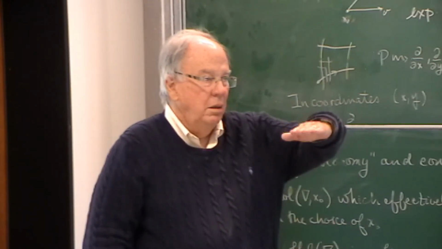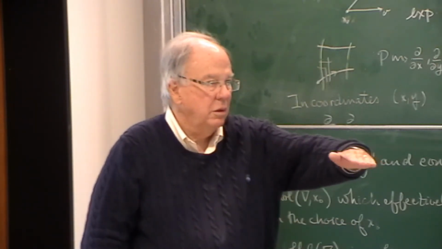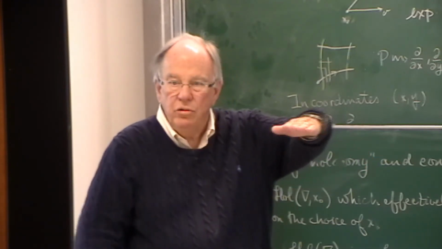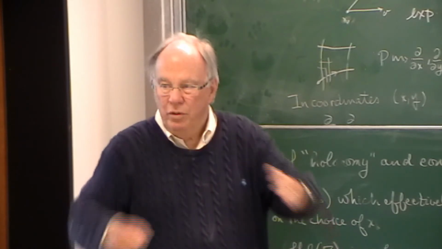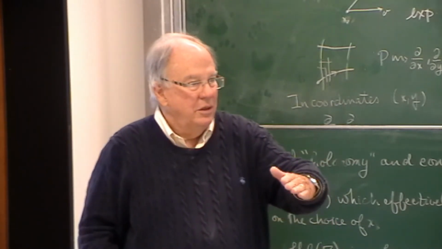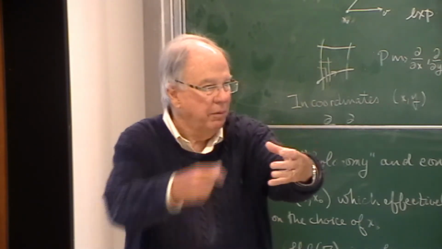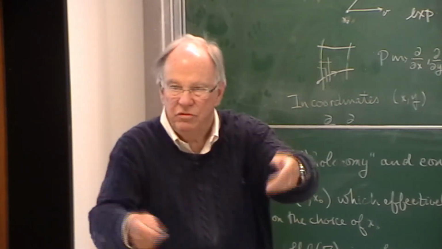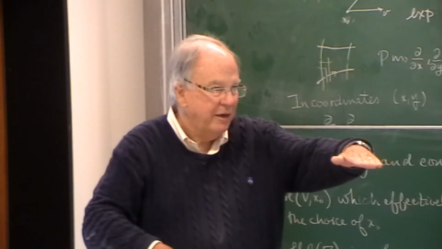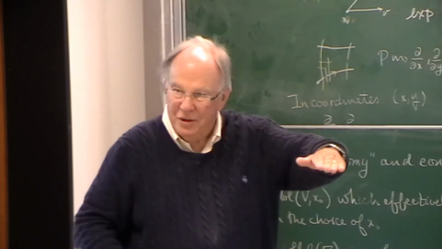Why not? You asked me some question about parallelizable manifolds or flat manifolds and so on. By the way, you take a Riemannian manifold, you have to be pretty stupid if you can't flatten it out at some place. You can just take partition of unity and fool around with it and make it flat someplace.